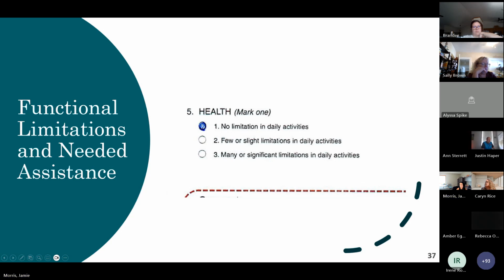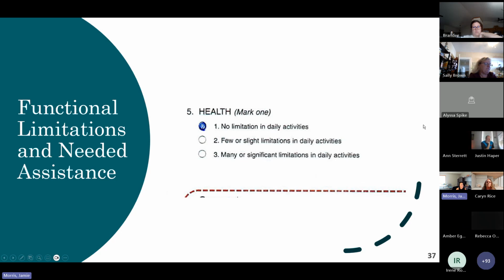Some more examples of this: if a person may be on no limitation, they have allergies, and they may have a weekly allergy shot, and because of that, they might not like to be outside for long periods of time in the spring or the fall.